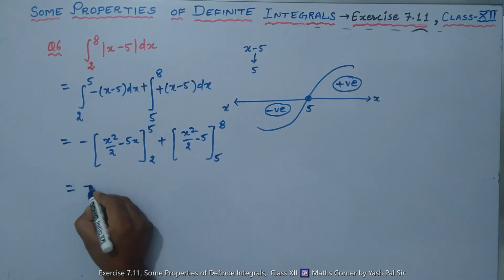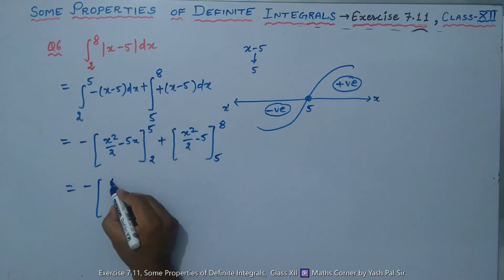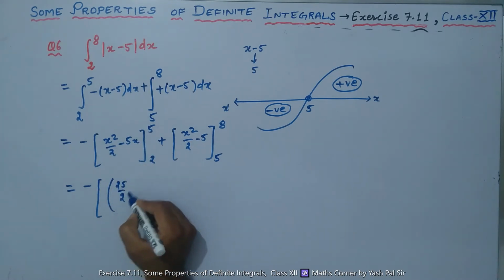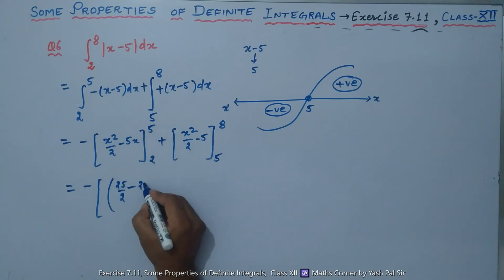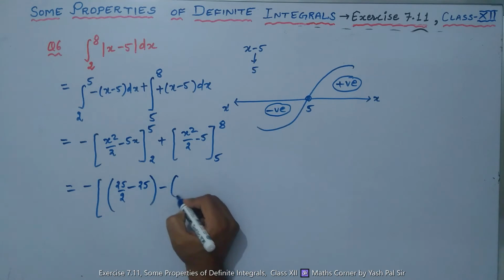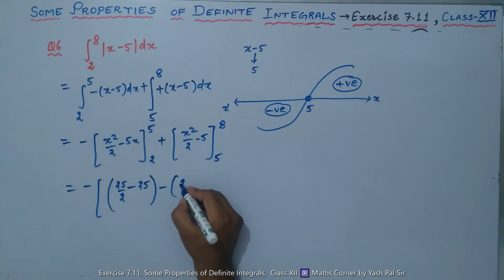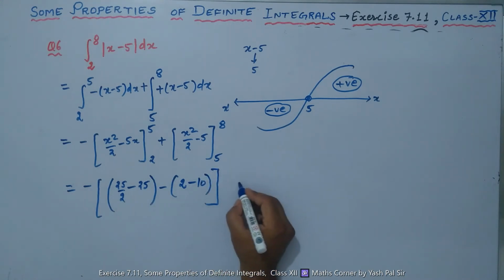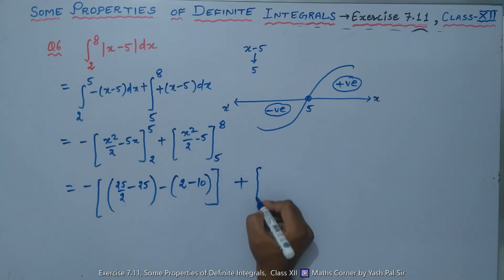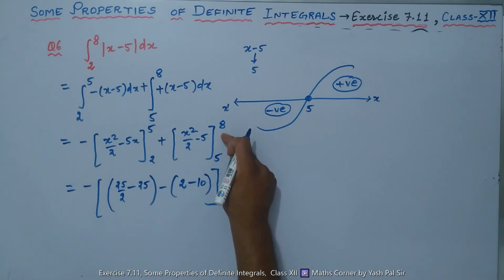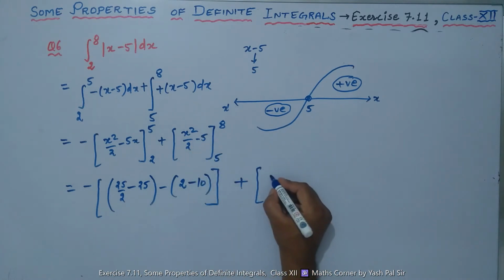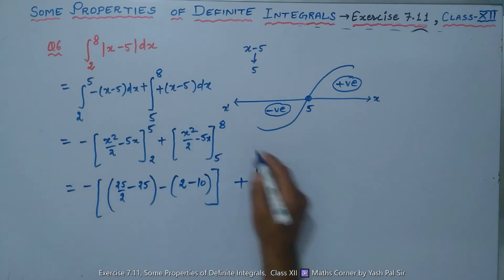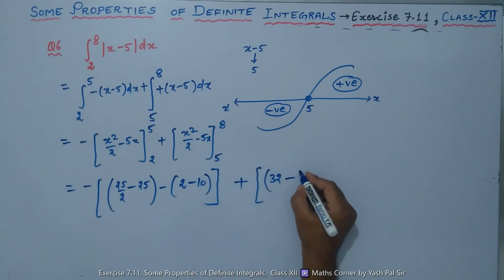So this way we have minus, first of all in the first bracket 5 5s are 25 upon 2 minus 5 5s are 25, minus 2 2s are 4 upon 2 minus 5 2s are 10. This is the first bracket, plus second bracket, 8 whole square 64 upon 2 minus 5x, 8 into 5 is 40.